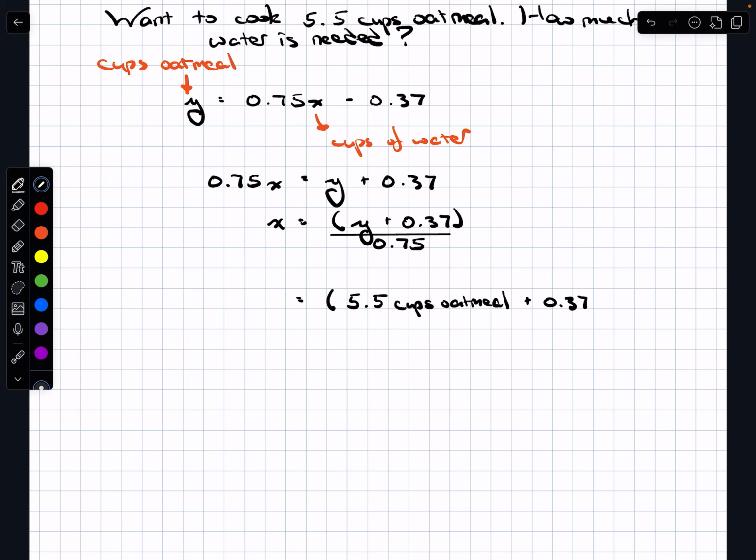So 5.5 cups plus 0.37, divided by 0.75. And units are important: the units on my slope are 0.75 cups of oatmeal per every cup of water.